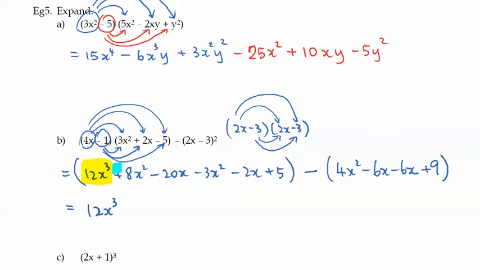Then 8x squared minus 3x squared gives us 5x squared. 5x squared minus 4x squared, 1x squared, or simply x squared.